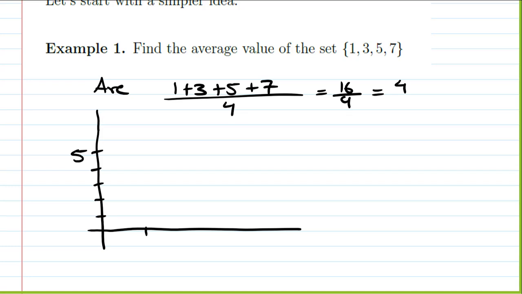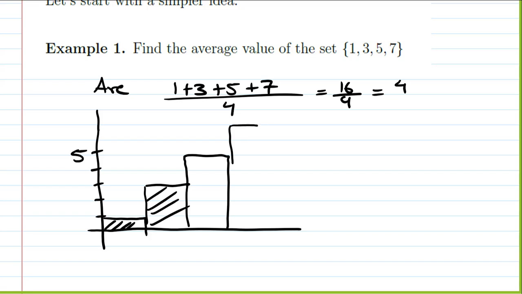If we wanted to find the average of this set, we could visualize it as some blocks that look like this. So 1, 3, 5, and then another one at 7.